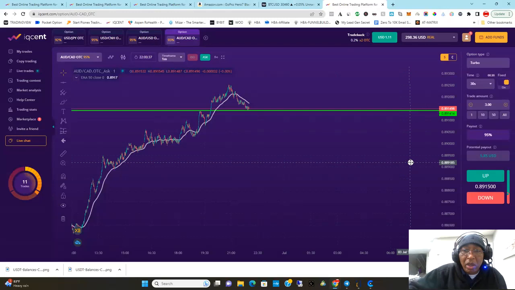Okay, so right now I'm seeing it's coming down again. So I'll be ready to push up. When that line aligns with the green line, you just push up. And you wait for 30 seconds. Yeah, that's all you do, just push up.